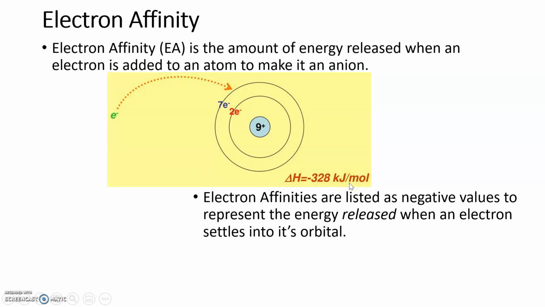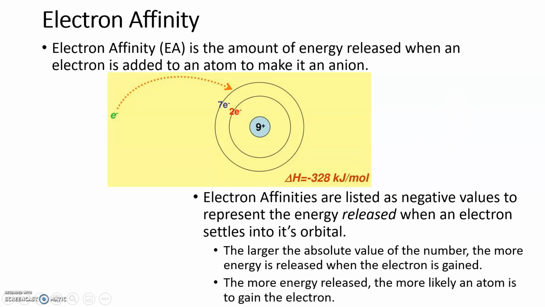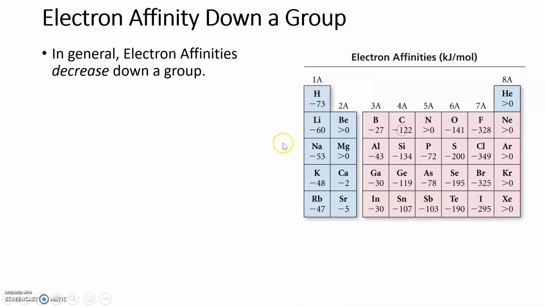This represents how much energy is released when an electron settles into its orbit. So the energy is coming out, so that's why it's a negative value. The larger that value, the more energy is released when the electron is gained. So more energy being released means a greater electron affinity. And that means the atom really likes to gain those electrons.